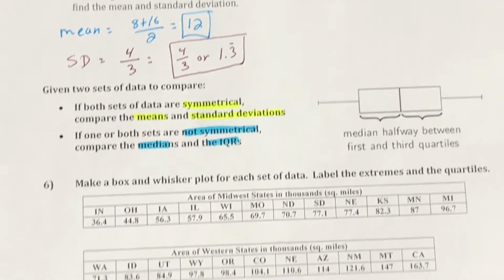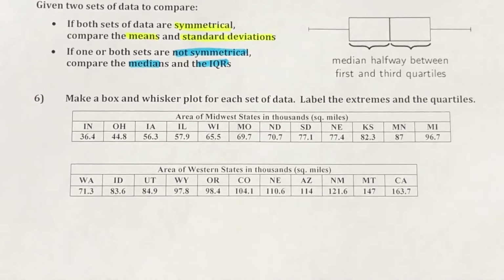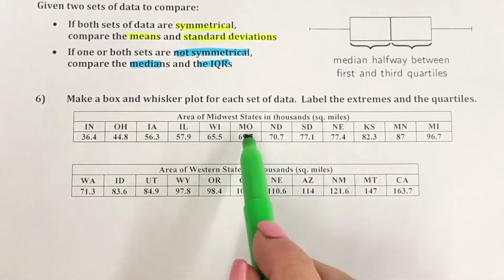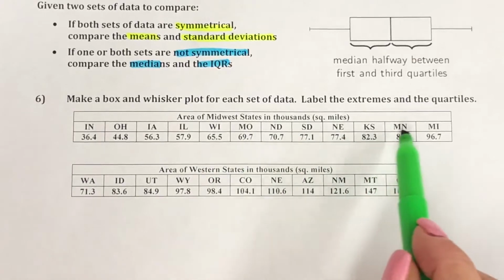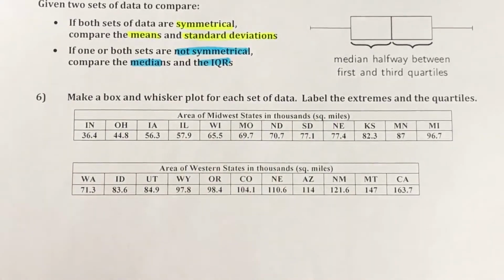Okay, so the first thing we're going to do is we're going to make a box and whisker plot for number 6. So the first thing I want to do is I want to find the middle here. So I have 1, 2, 3, 4, 5, 6, 7, 8, 9, 10, 11, 12. Let's first of all talk about what the data is that you've been given here. First of all, this is the area of the Midwest states in thousands.